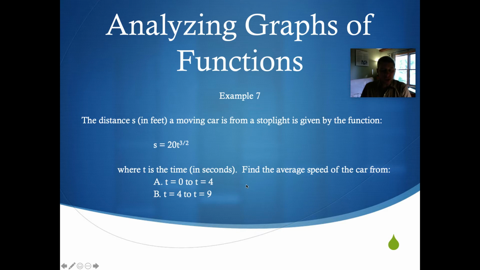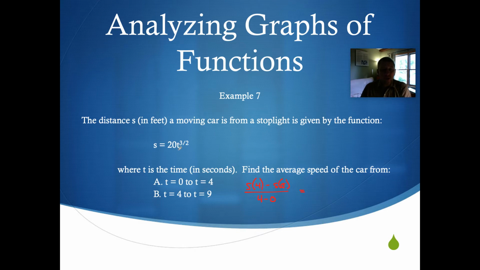So what this essentially boils down to is this. The average rate of change is equal to the value of s of 4, the second value of time, minus s of 0, over the quantity 4 minus 0. So these are the values of y, these are the values of x. And so what is the value of s of 4?